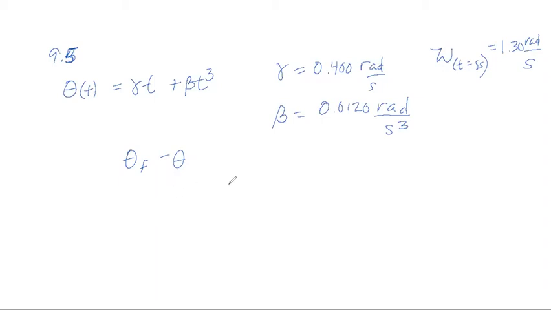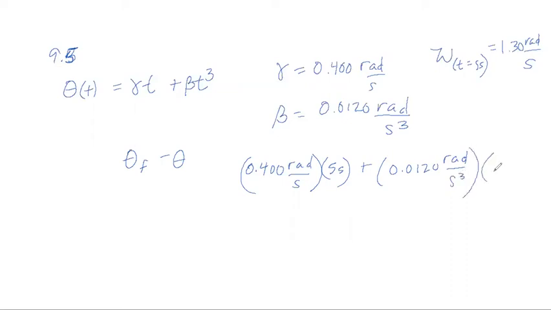So for t equals 5, we're going to get 0.400 radians per second times 5 seconds plus 0.0120 radians per second cubed times 5 seconds quantity cubed. And that's going to be 3.50 radians. So theta at 5 seconds equals 3.50 radians.